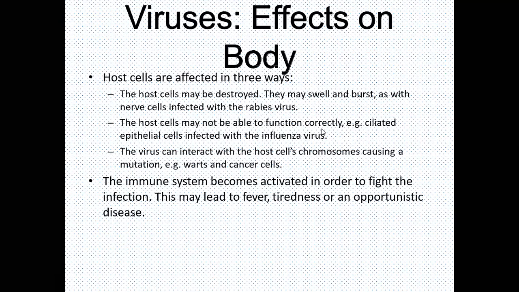If the cell is not destroyed totally, cells cannot function correctly. That means the cell is very weak now. Most probably, cells will be destroyed. If not destroyed, even then it cannot work properly.